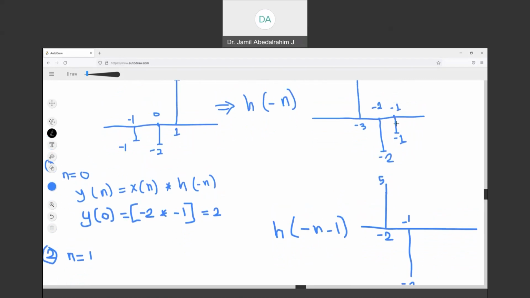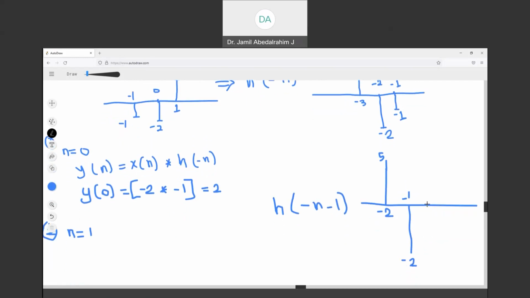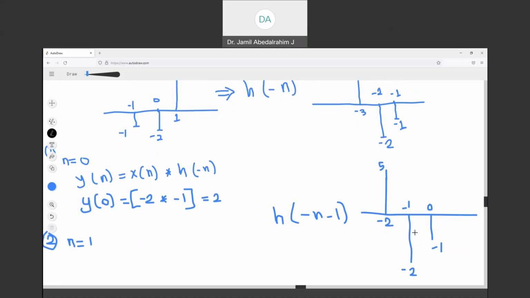And this signal at negative 1 will become at 0. By the way, the signal's value, the amplitude, does not change, like 5, negative 2, and negative 1. It's still the same value. Only the places are changing.